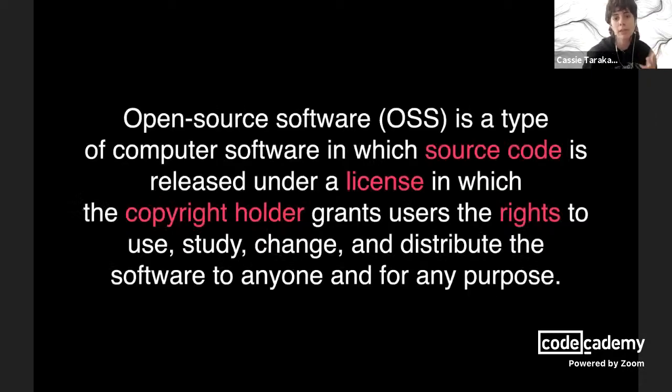Open source software is a type of computer software in which the source code, the text that you're writing, is released under a license in which the copyright holder grants the users the rights to use, study, change, and distribute the software to anyone and for any purpose. The reason you need a license is because when you write software, it's protected under intellectual property law.